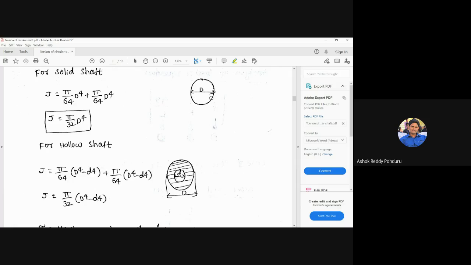On that cross section, the twisting moment is constant. The twisting moment may change from cross section to cross section, but on the cross section which is already selected, it does not vary.